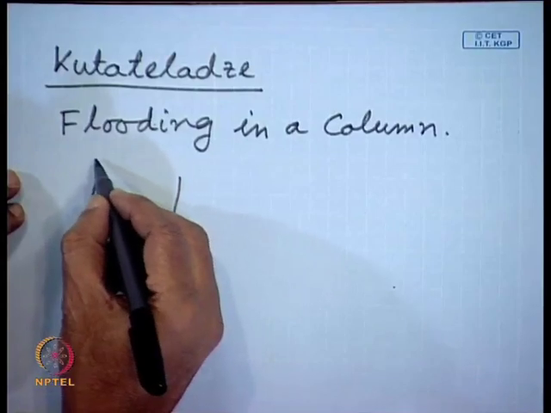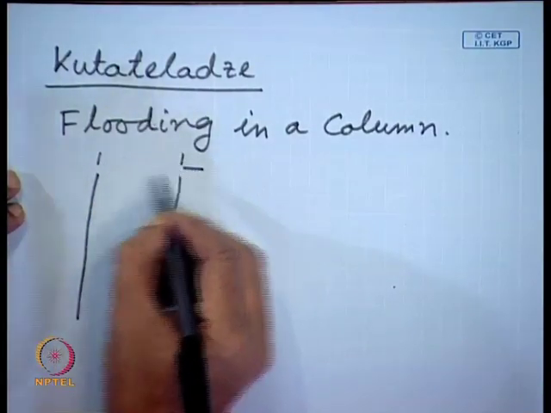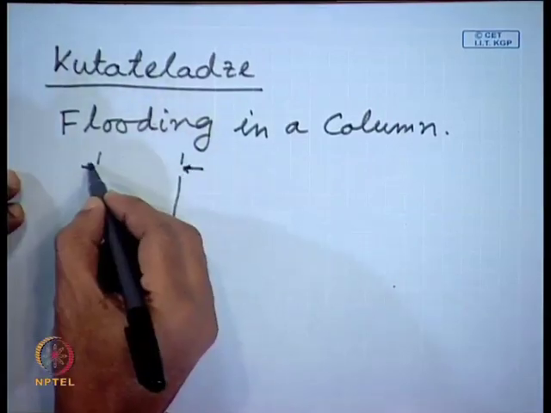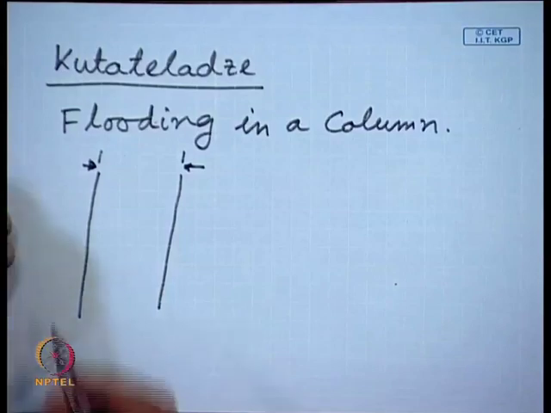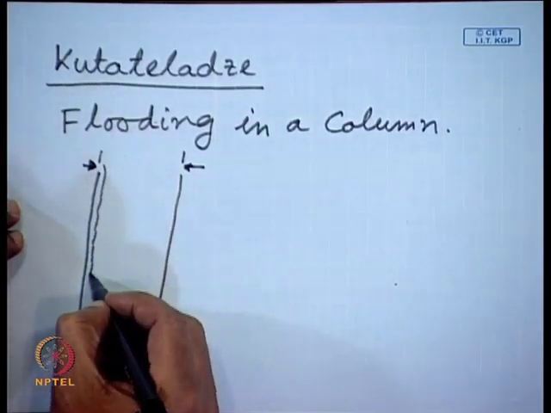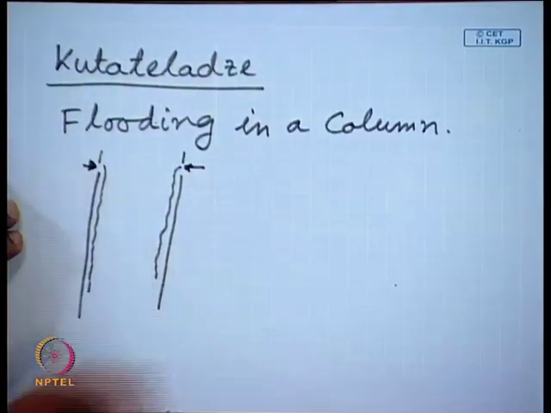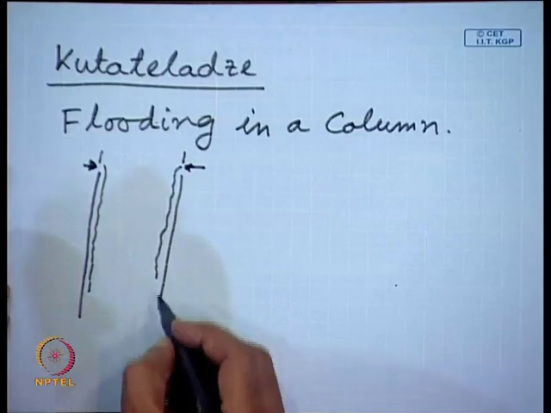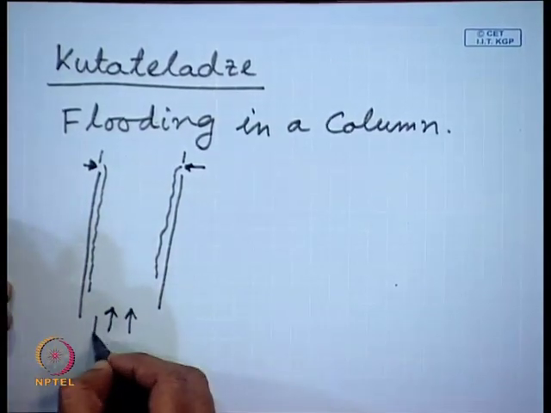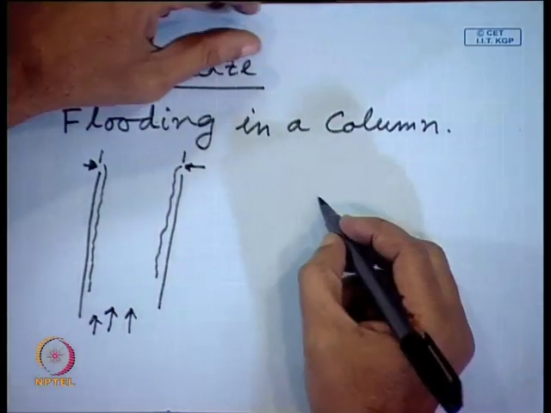So, in this tube we have got liquid injection from the side. So, if you have got liquid injection from the side, liquid will fall over the wall, liquid will fall like this, and then from the bottom you are supplying a gas. So, the gas will move in the upward direction.